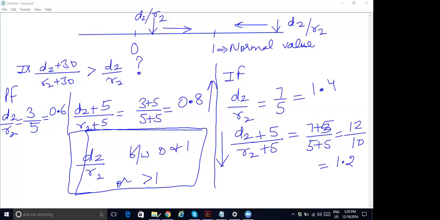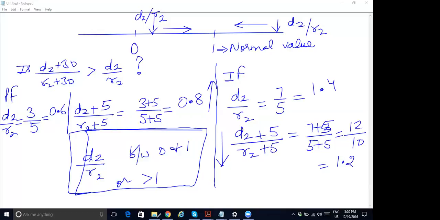Adding the same positive constant value to both numerator as well as denominator, we see a shift towards 1, whether the original fraction is on the left of 1 or on the right of 1.